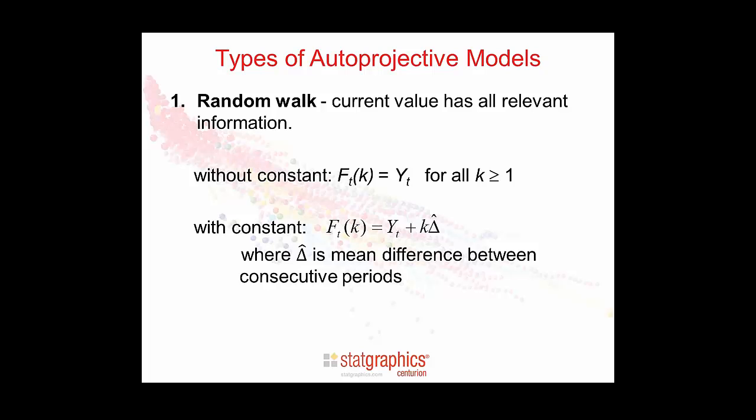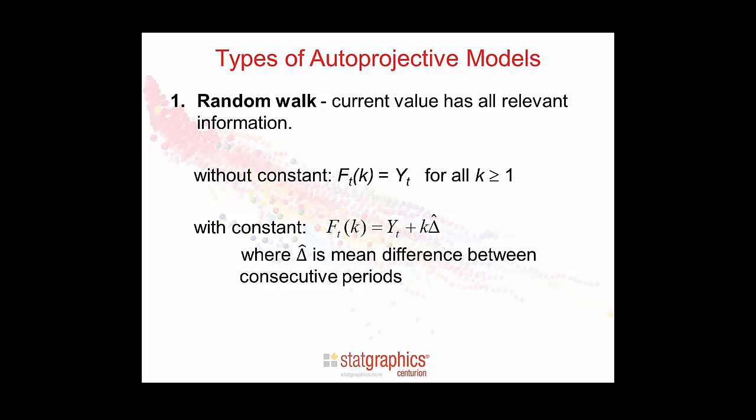In a random walk model, the current value, the latest data value you have, has all the relevant information for forecasting the future. If you know what the observation is today and it follows a random walk, that's all you need to know. The past history is irrelevant.